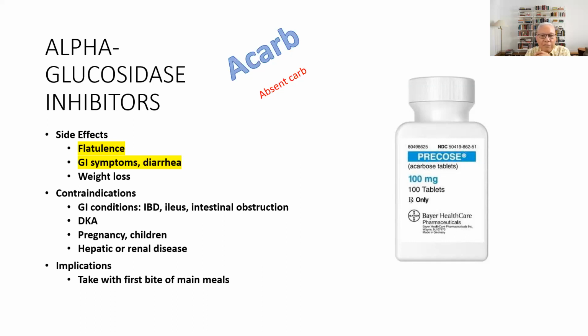Because we are going to interfere with the absorption of food, how many times will the patient take this? They have to take it 3 times a day, with the first bite of the main meals: breakfast, lunch, and dinner. Okay?